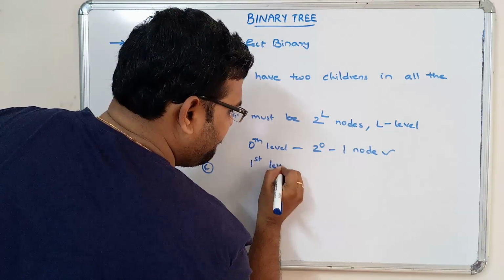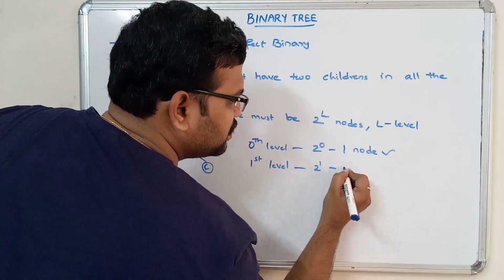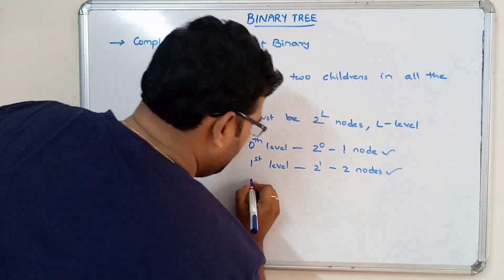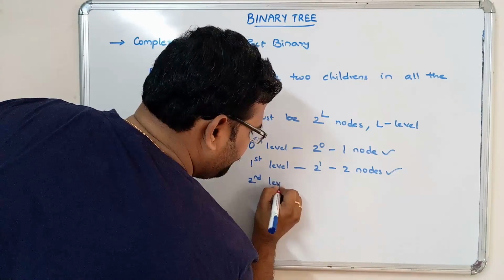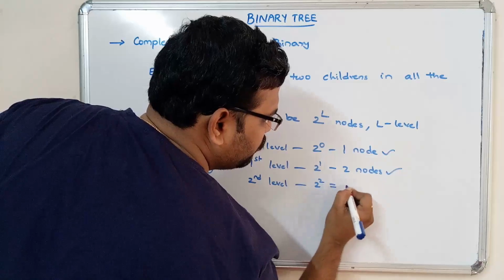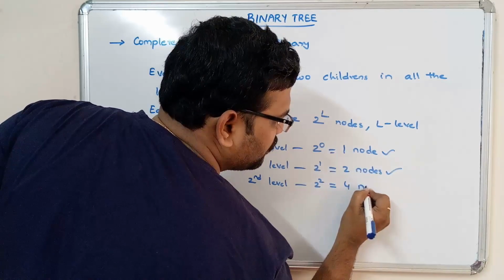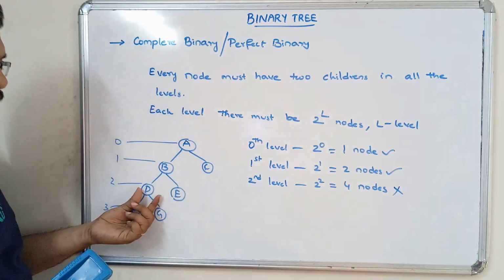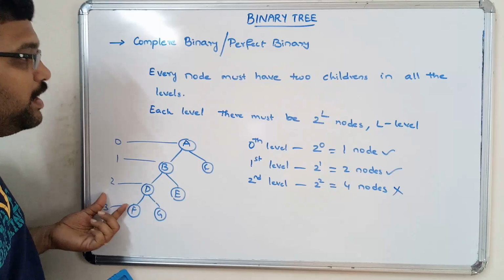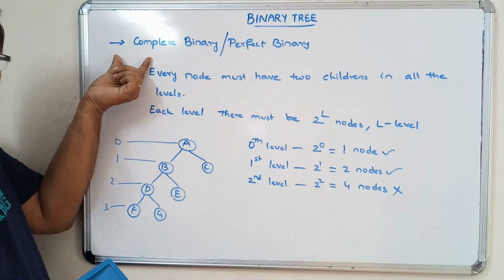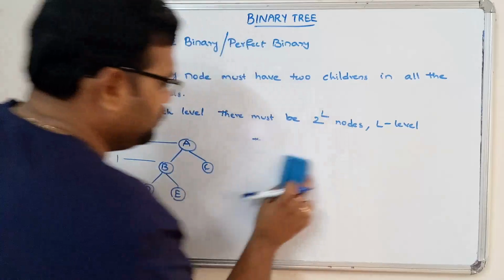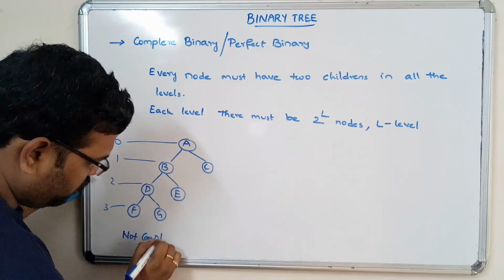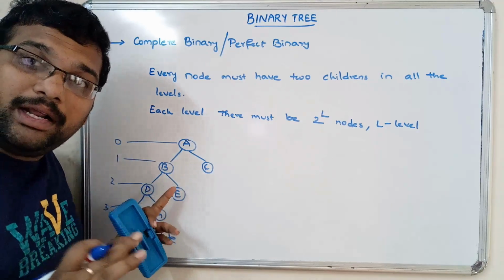First level, 2 power 1, that is 2 nodes must be there, B and C. Second level, 2 power 2, equal to 4 nodes. But there are only 2 nodes, so it doesn't satisfy here. That's why this is not a complete binary tree.